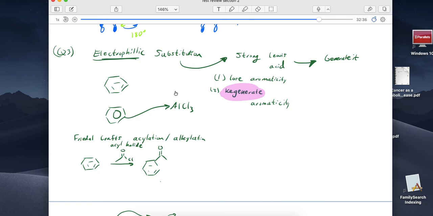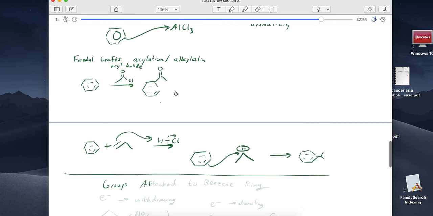And I think what I should mention, you can of course do it with the straight up benzene ring, but don't forget about the importance of groups attached to the benzene ring.